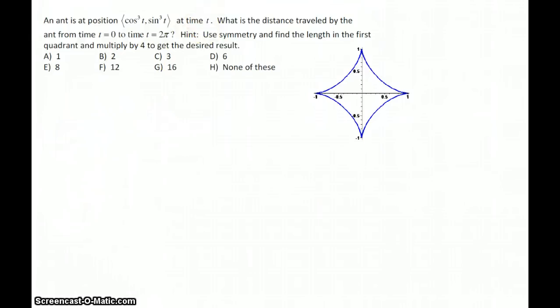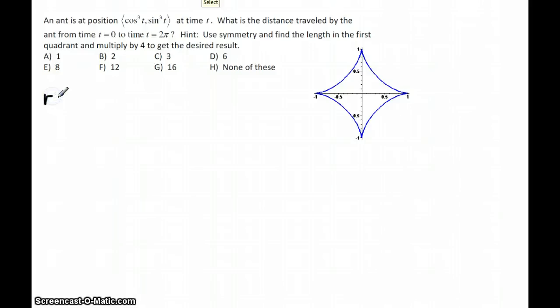And so we have r of t, the position vector, is equal to cosine cubed, sine cubed.